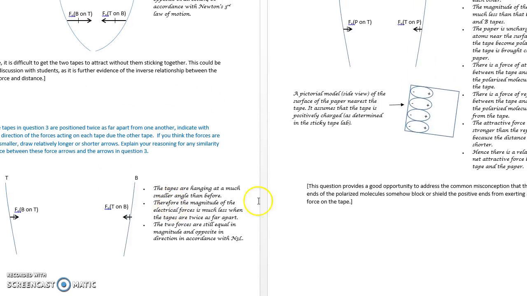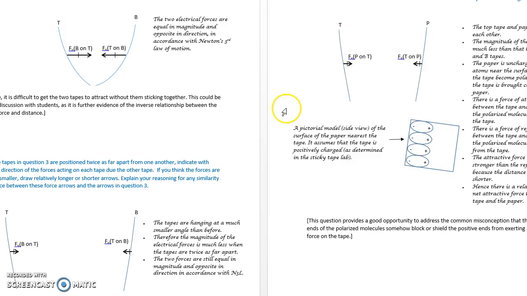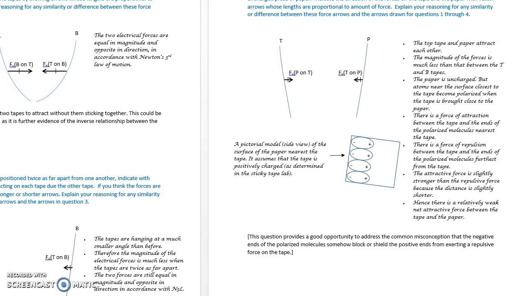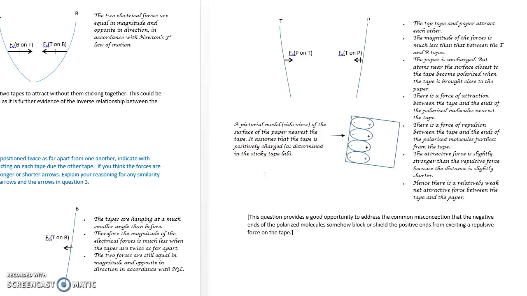And just over here is my very modest alteration to the polarization diagram, which is to make the sheet of paper wider than the actual atoms themselves, so that we're emphasizing here that the polarization is occurring on the side of the paper that is closest to the charged tape. I haven't tried it yet on the students because I'm just thinking about these things now, but I'm hoping that will help.